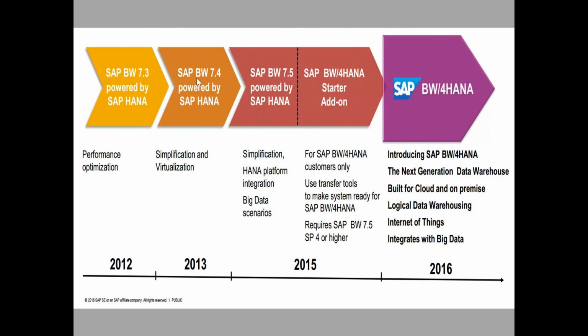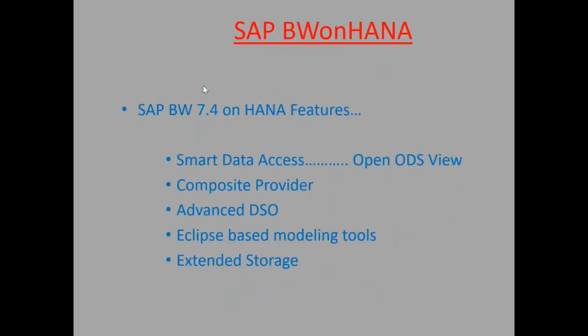Along with the underlying performance, they added a rich set of new functionalities right from version 7.4. What are those functionalities? They introduced some HANA optimized objects, something like smart data access, composite provider, advanced DSO, Eclipse based modeling tools, and the extended storage like that.